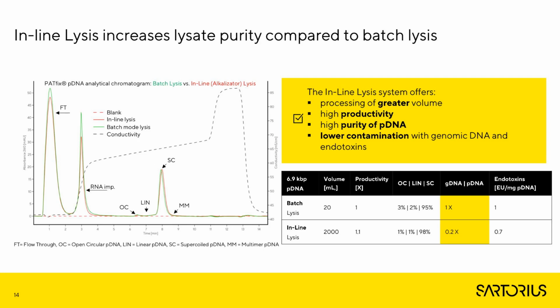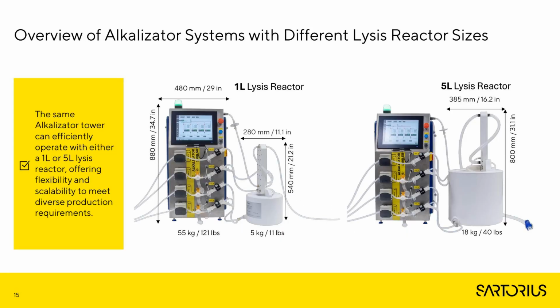Up to 5 times less genomic DNA contamination is found in samples that are lysed with continuous lysis. And this has now been verified not just in our laboratories, but in laboratories that are running our machines throughout the world.